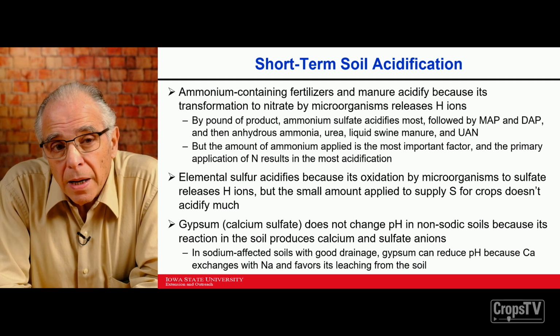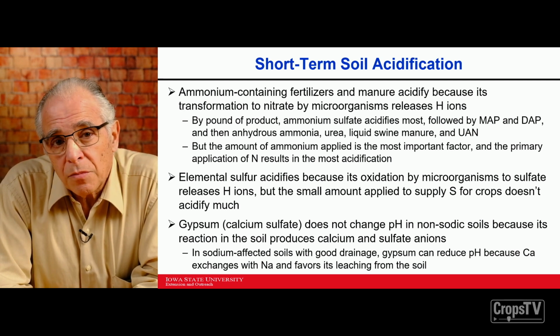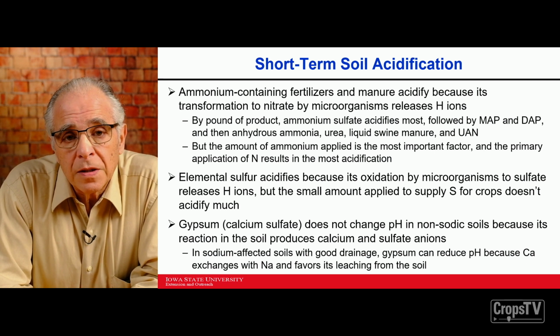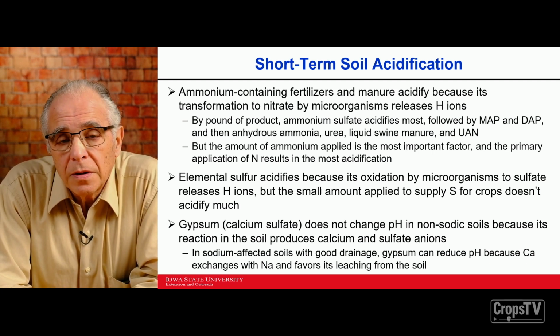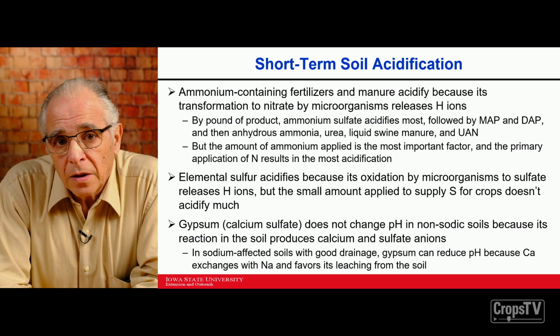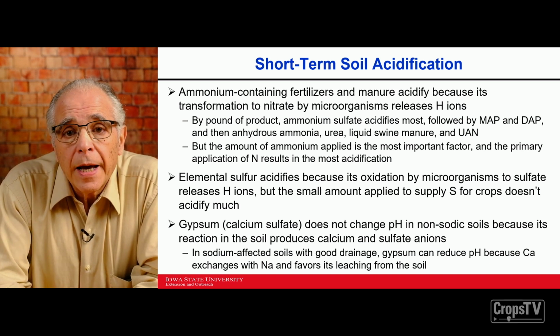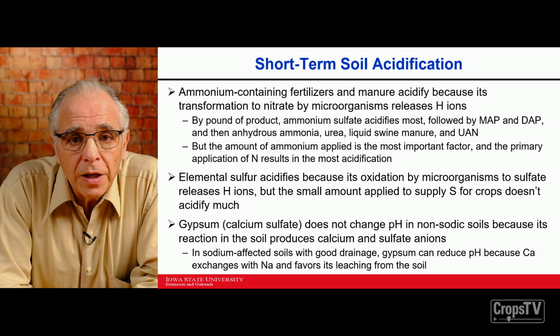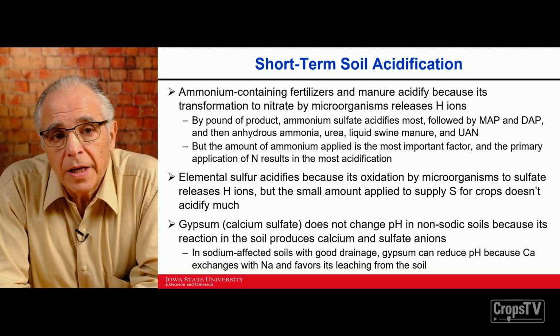Now, by pound of product, and there are some charts over there that I didn't include here, ammonium sulfate is the one that acidifies the most because it has the ammonium and also sulfate there. And then it's followed by MAP, DAP, anhydrous ammonia, urea, or liquid swine manure, and UAN.